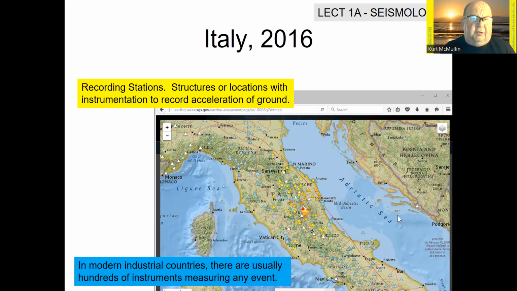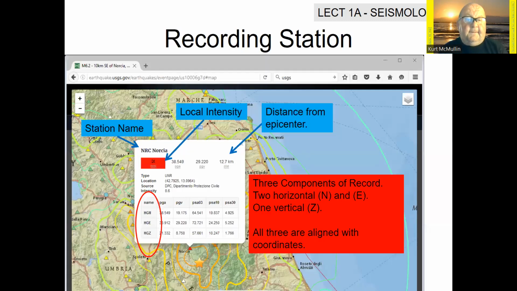In modern industrial countries, accelerometer instrumentation is becoming quite extensive. So like Italy, when an earthquake occurs, we get a pretty good recording of the whole event.